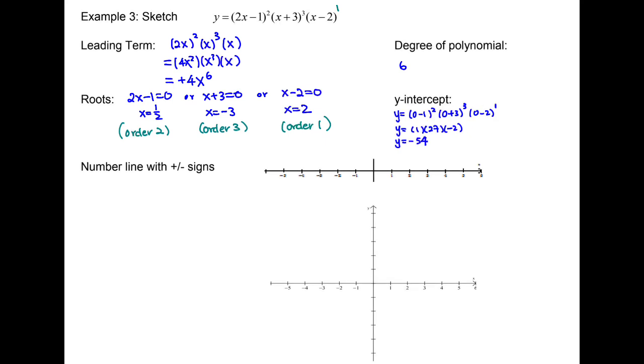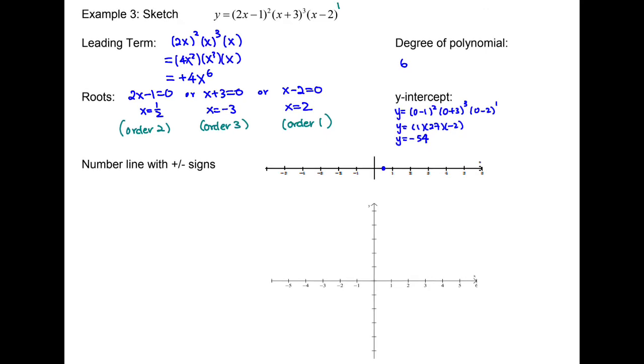Let's put all the roots on the number line, and we're going to find the positive negative sign for each interval. So on the most right-hand side interval, we can see the leading coefficient is a positive 4, so the most right-hand side will be positive. When we go through the root 2, because the root has an order 1, that means it's odd, so we switch the sign.